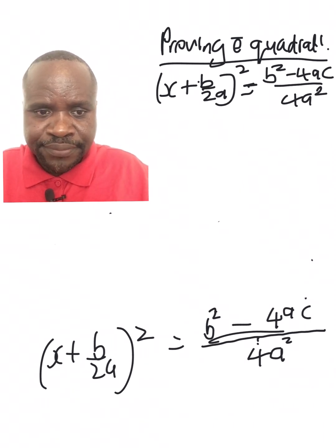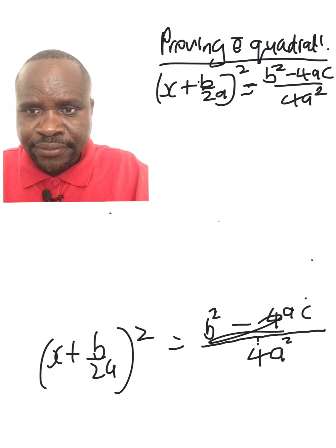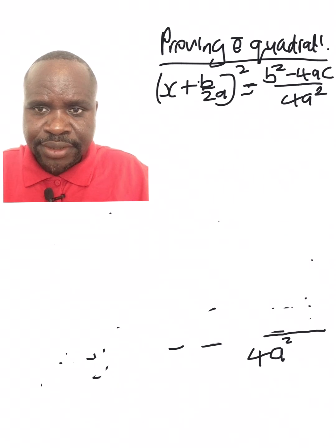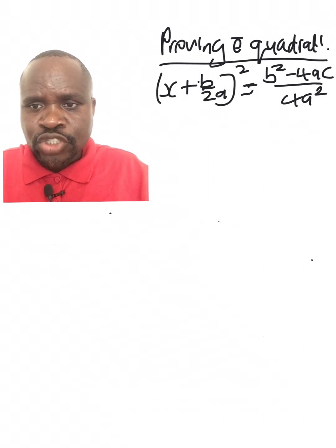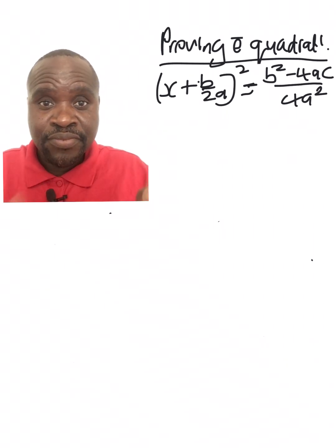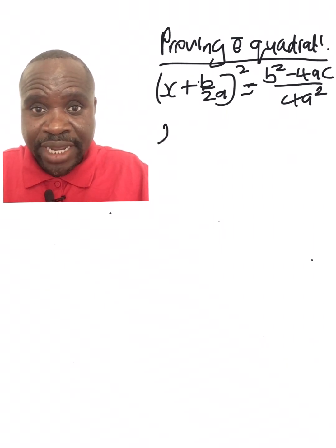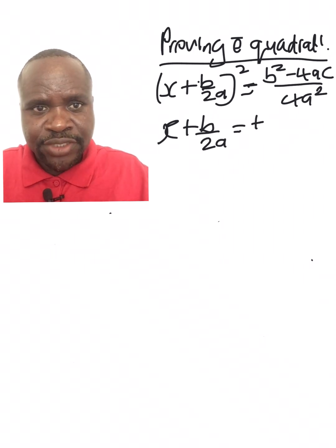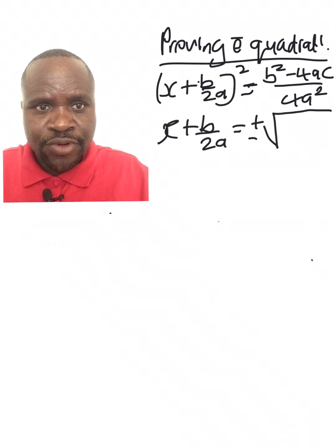Right, now what we do, we square both sides, and when we do that, here we are left with x plus b over 2a is equals to plus or minus the square root of b squared minus 4ac over 4a.